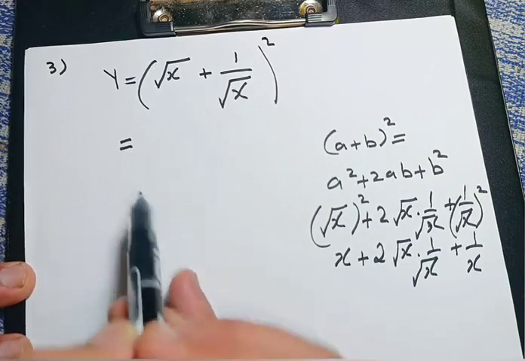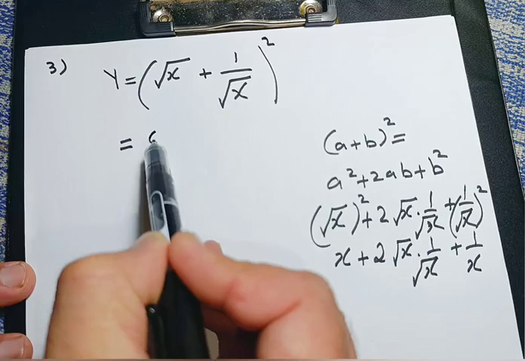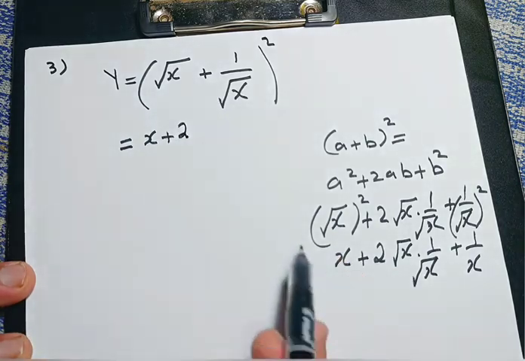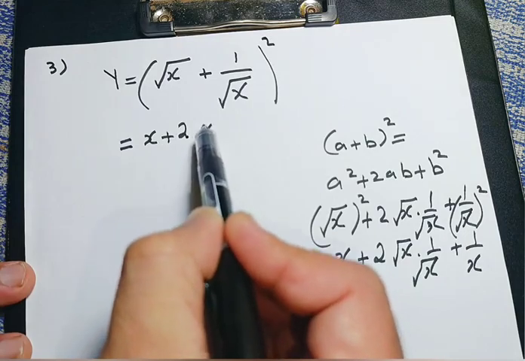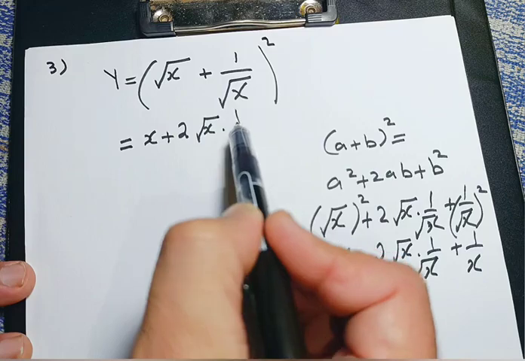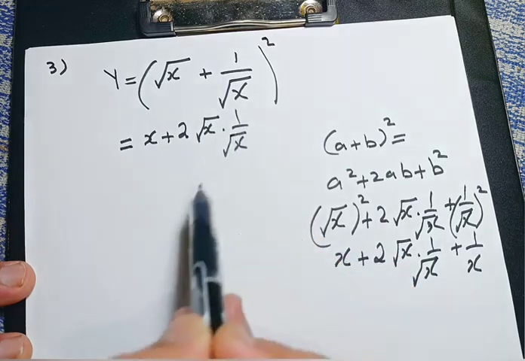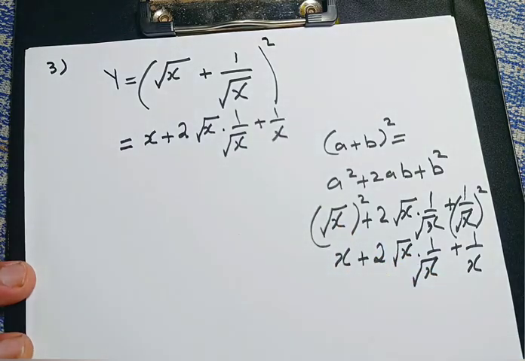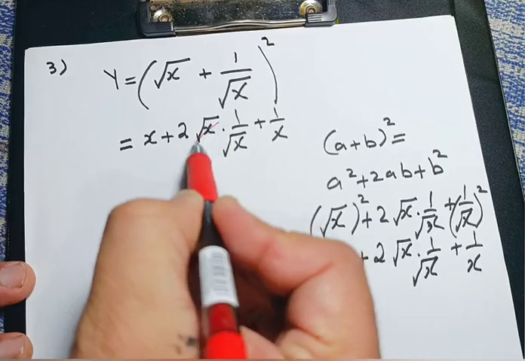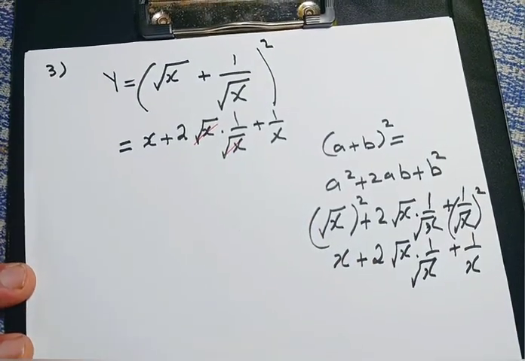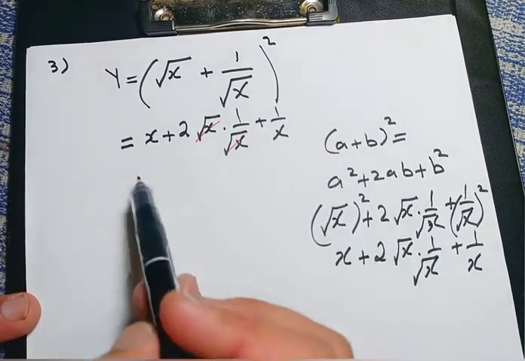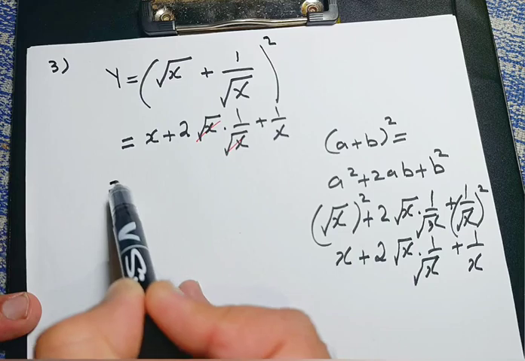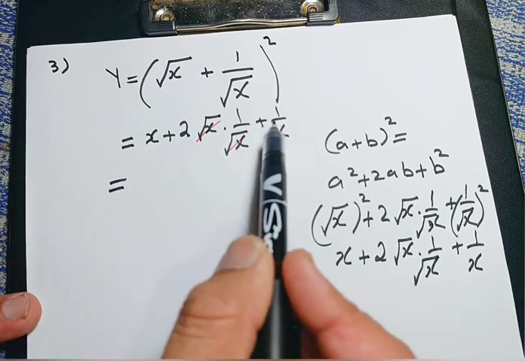It's going to be equal to, I'm going to take this expression, x plus 2 x root multiplied by 1 over x root plus 1 over x. Now this 2 is cancelled, or you can show this whole calculation, doesn't matter. So only left with now x plus 2 and plus 1 over x.